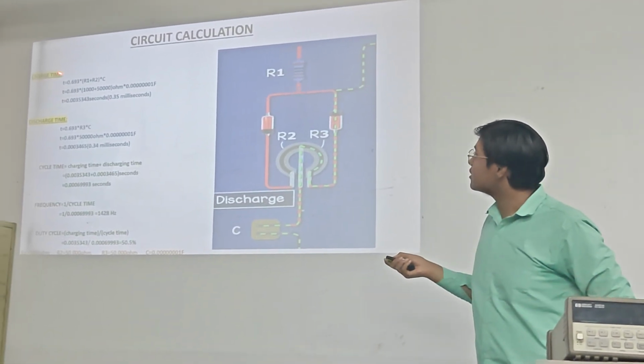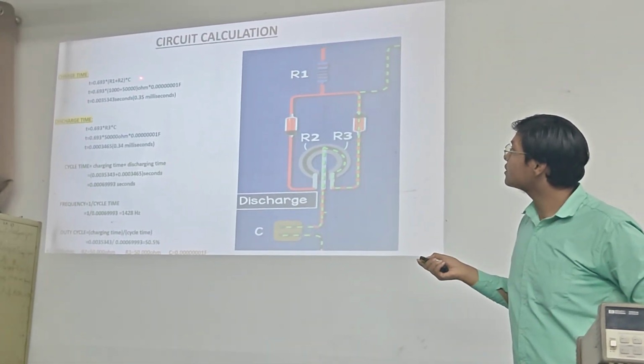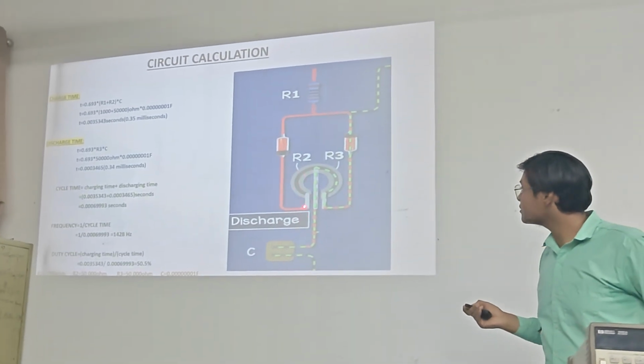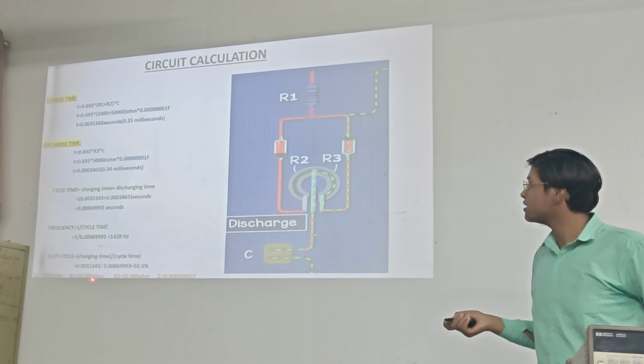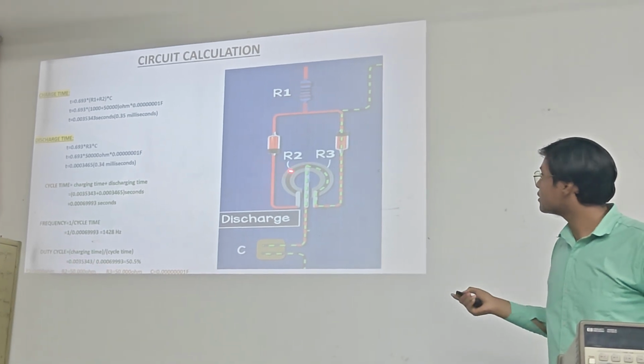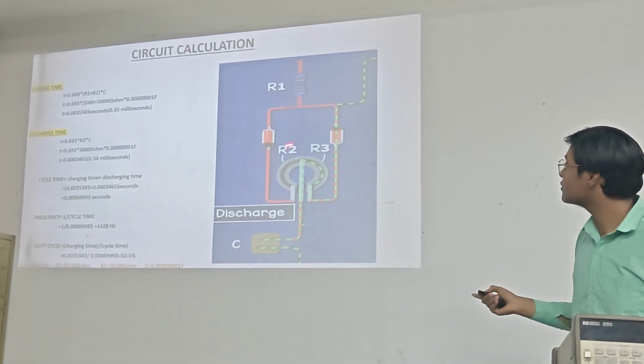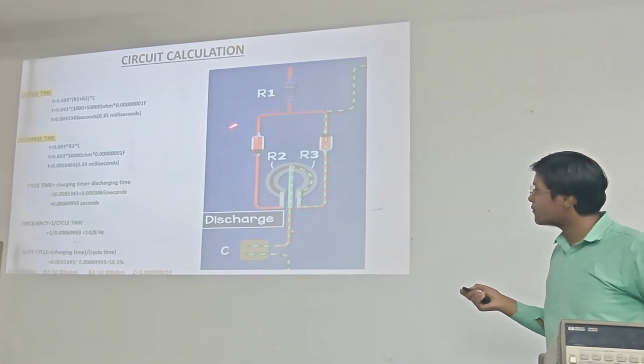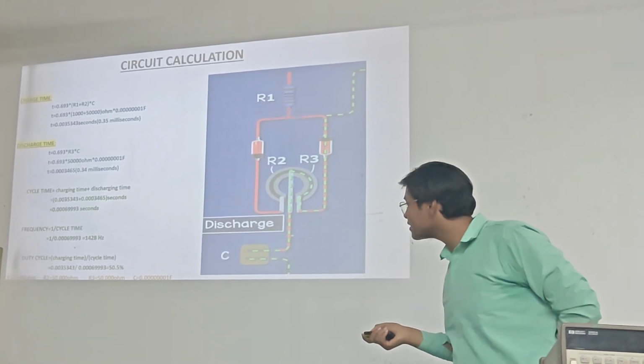Here I wish to include that if we put our potentiometer wiper at 50%, our R2 and R3 are equal, 50 kilo ohm. And our R1 is 1 kilo ohm.